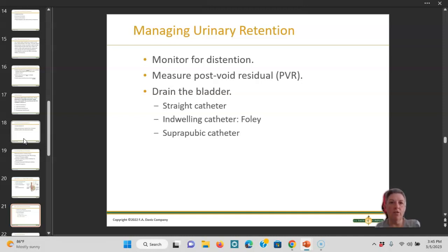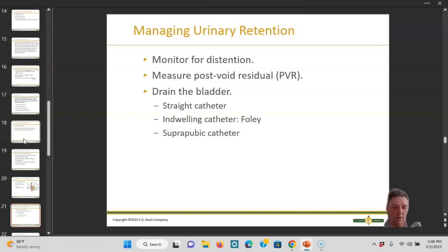Drain the bladder. So we use straight caths, we use indwelling Foley catheters, and suprapubic catheters. So suprapubic, above the pubic bone, a catheter. A suprapubic catheter is a catheter coming out of the body above the pubic bone.